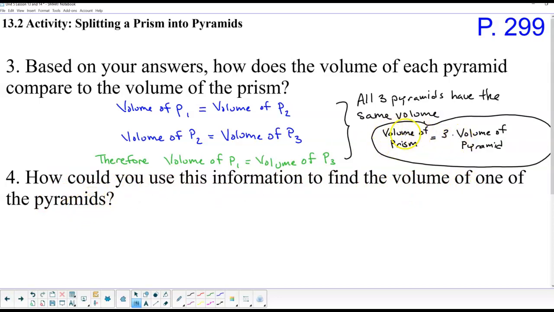If I knew the volume of a prism, which we could have calculated from day 1, and I want to solve for the volume of the pyramid, then if I move this 3 over to the other side, we come up with the volume formula of a pyramid is equal to 1/3 the volume of a prism.